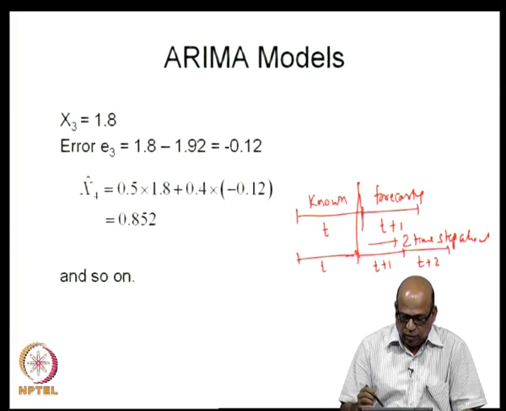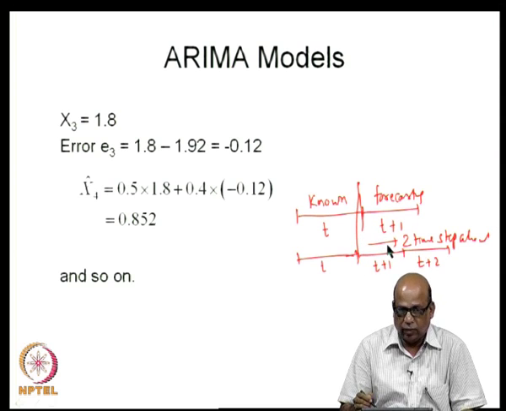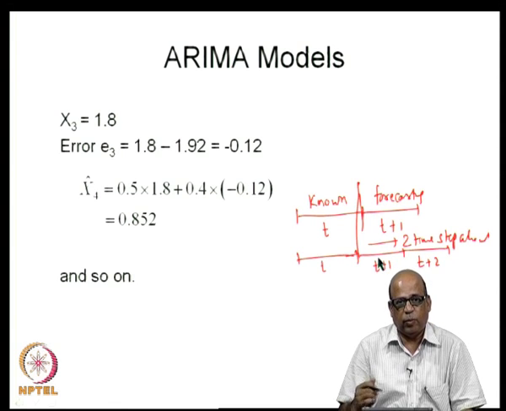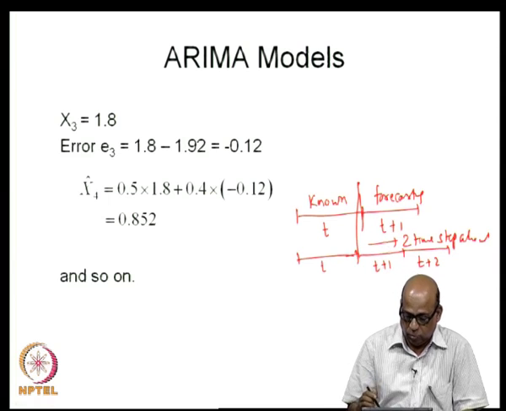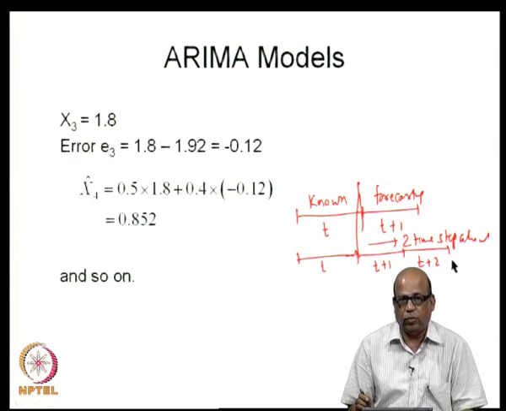Now, when we are applying it for two time step ahead forecast, the assumption is that you have the observed values only up to this time period t. So, using this, you have forecasted x t plus 1 cap. Now, when we are forecasting for x t plus 2, you use the forecasted value for x t plus 1, namely the x t plus 1 cap, because the actual values will be available only at the end of these 2 time steps.